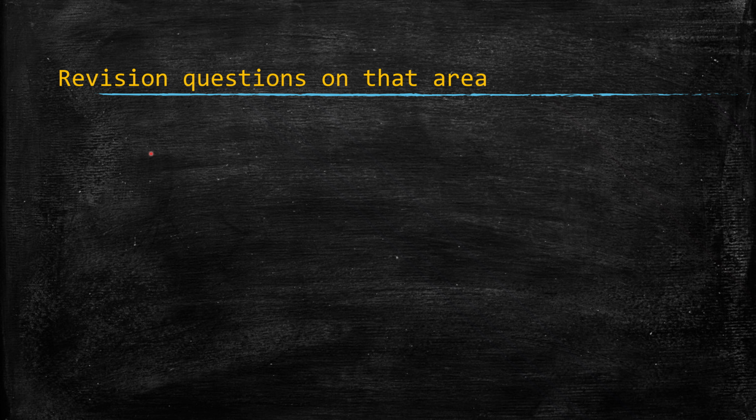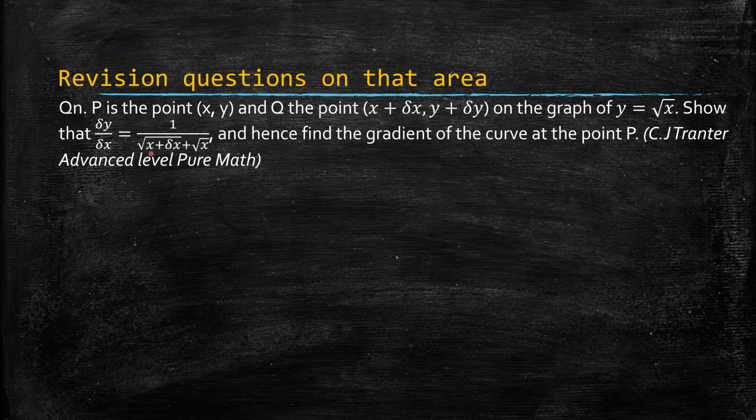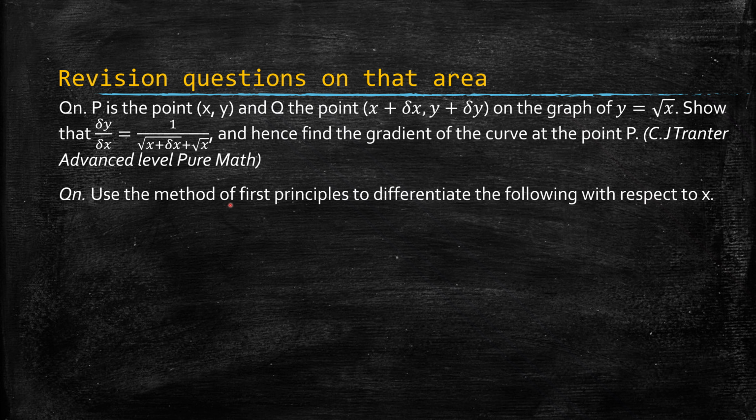With all the knowledge that we have been able to collect, I would like you to go through these simple revision questions such that you improve on your skills. I've got for you one of the questions from CJ Tranta. I would like you to give it a try and see how you level based on how you're improving in these numbers.